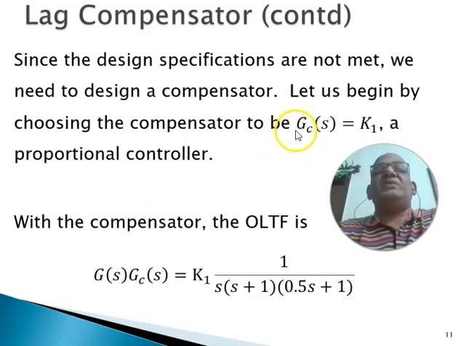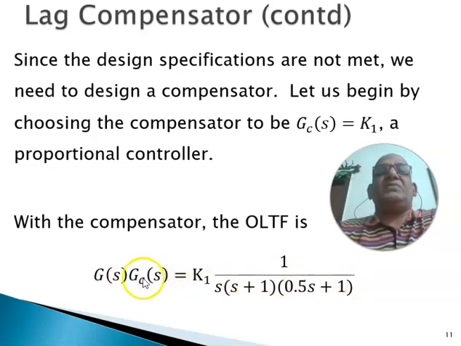We'll first try to fix this problem by choosing a proportional compensator, that is, the compensator is a constant K1. With this compensator, the open loop transfer function is K1 multiplied by the plant transfer function.